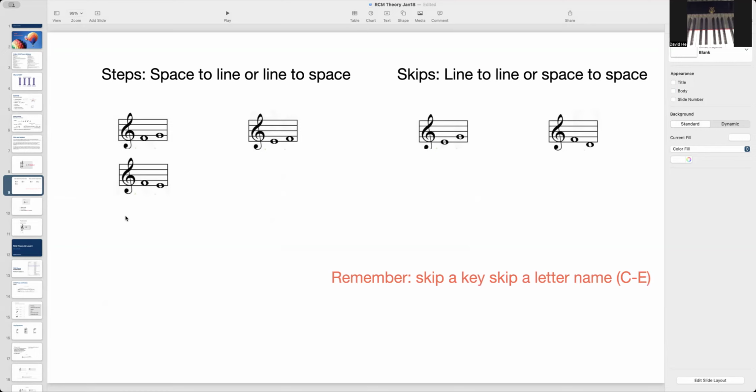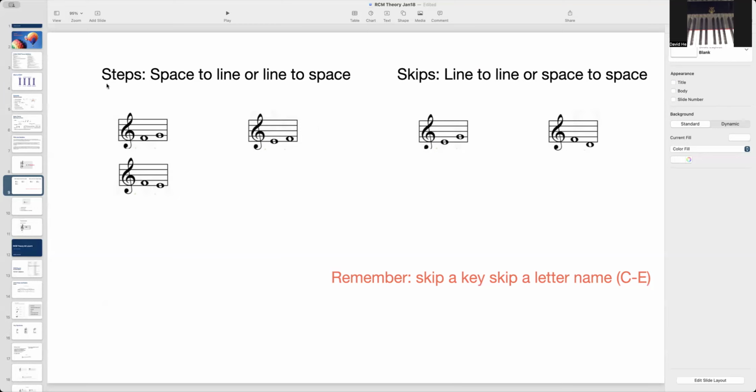Regarding the staff, I know some of you have already studied this. If you haven't, just listen to it. Okay. From a line to a space, or from a space to a line, like this one from a space to a line, or from a line to a space, no matter if it's going up or going down, is called a step.